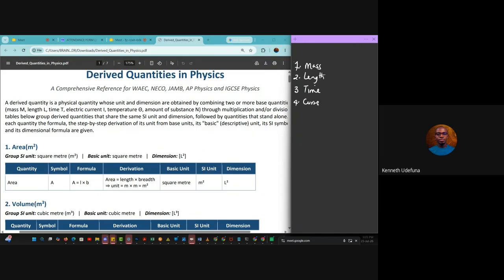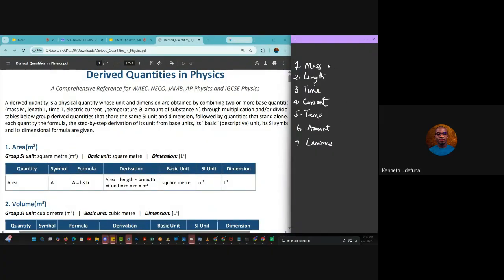Let me call it current because of space. 5 is temperature. 6 is amount of substance. 7 is luminous intensity. These are the fundamental quantities that we have.